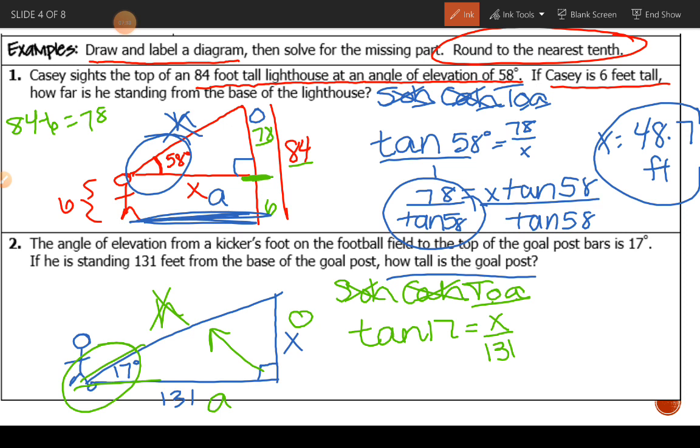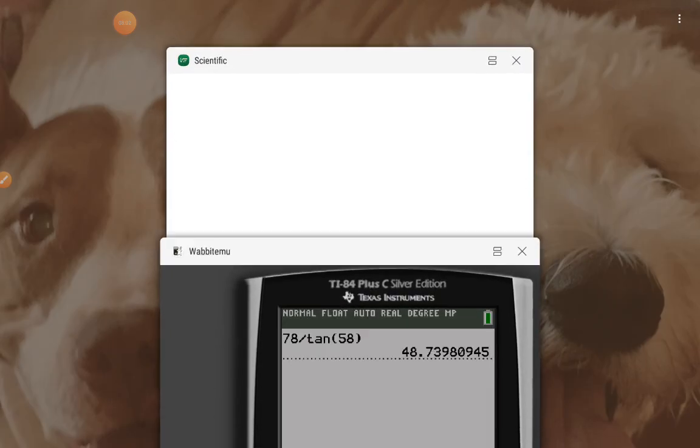Now this one's a little bit different because the x is in the numerator versus up here when the x was in the denominator. Okay, so when we cross and multiply, we're going to get x is equal to 131 tangent of 17 degrees. All right, so this right here is what we're going to put in our calculator. I'm going to use the Desmos calculator for this one.